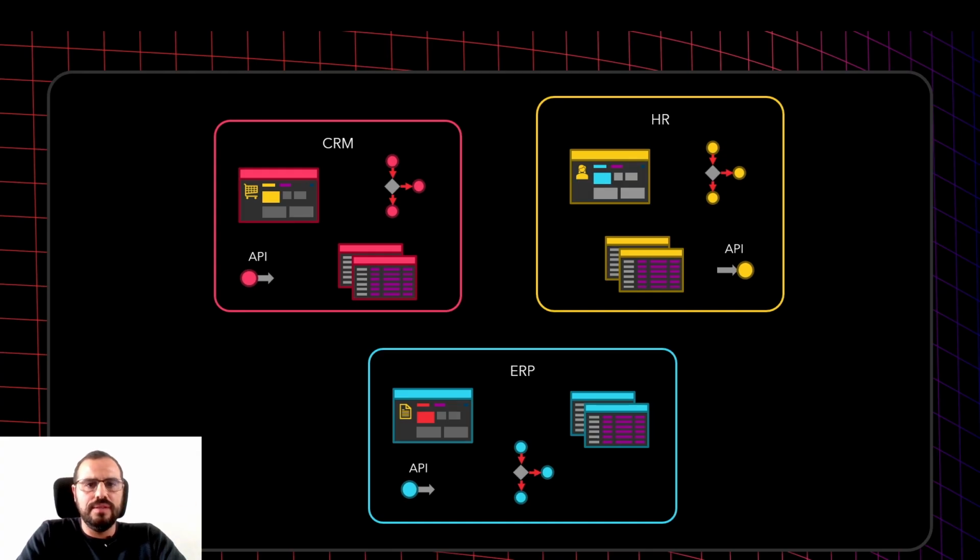Inside OutSystems, we have a CRM application, an HR application, and an ERP. Each one of them has its own domain. This factory follows domain-driven design, so there are 3 well separated domains: the CRM, the HR, and the ERP.